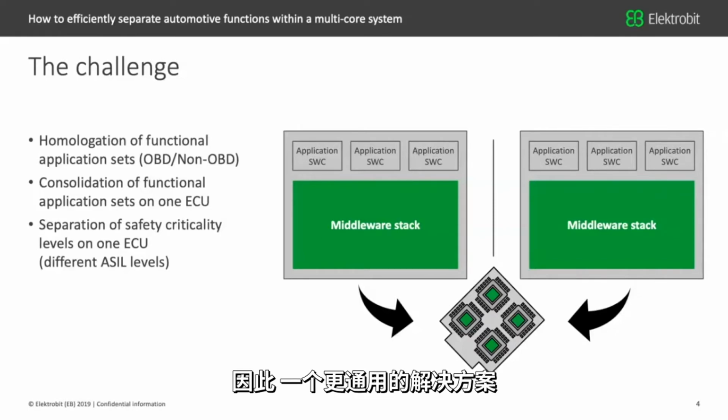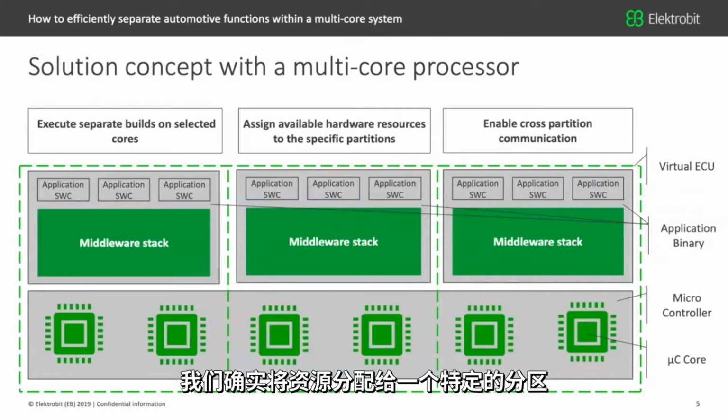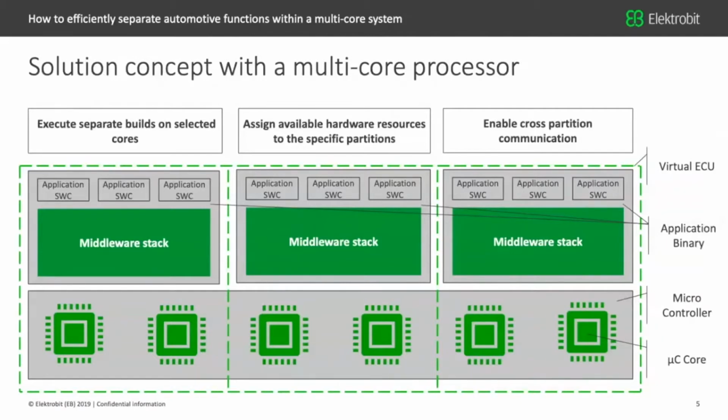So what could be a possible solution, in a more generic way, is the usage of a multi-core processor where we have a separation of the builds. We have resources really assigned to a specific partition, and the cross-core communication is also handled in an abstract fashion.